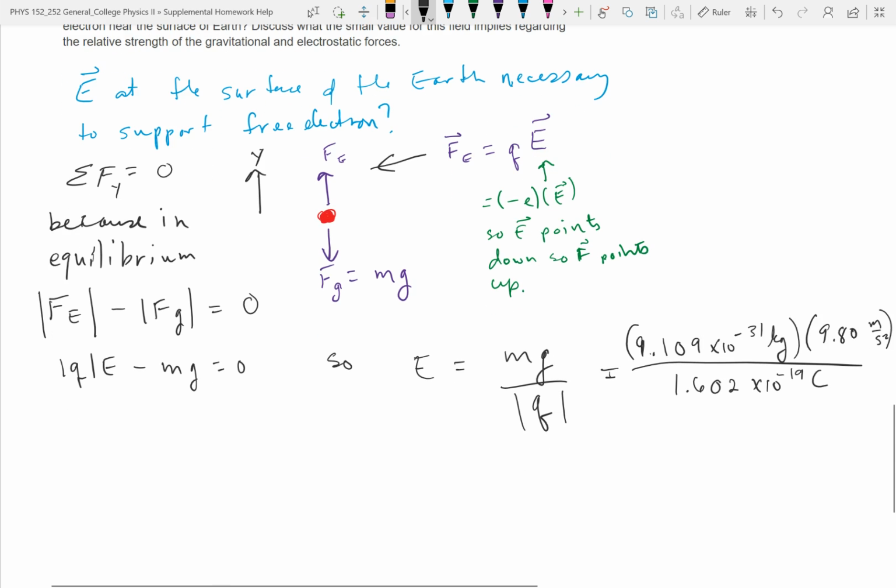Okay, so then we just have to multiply these together and we get the electric field magnitude. I got 5.57 times 10 to the negative 11.